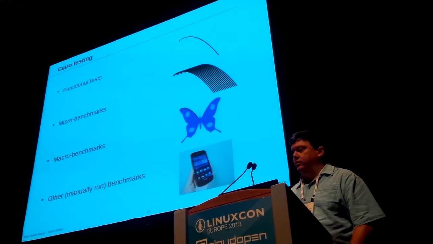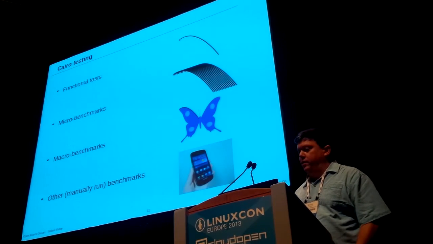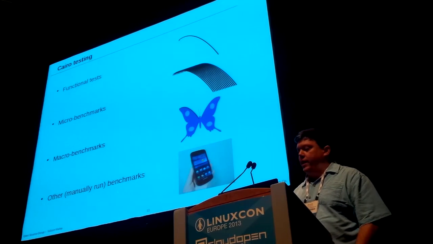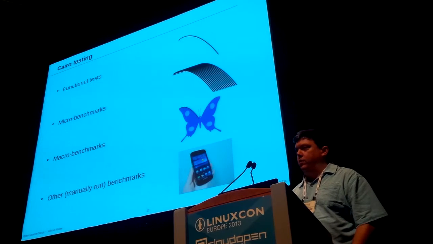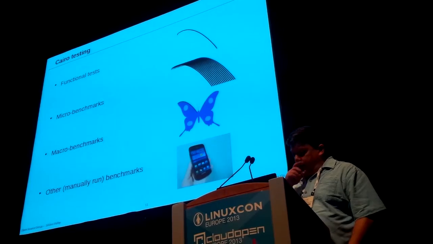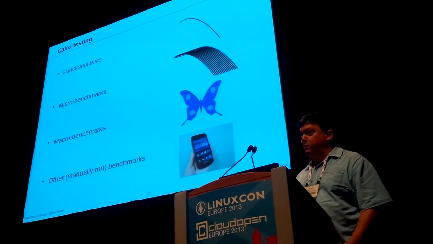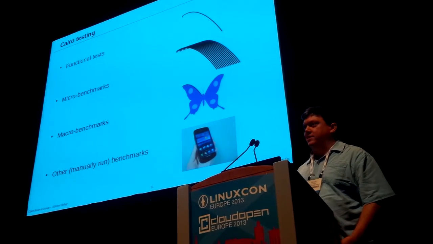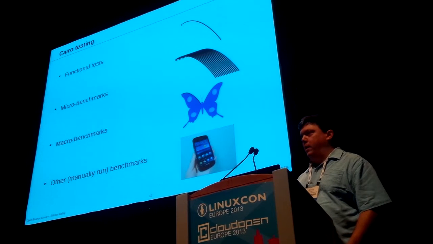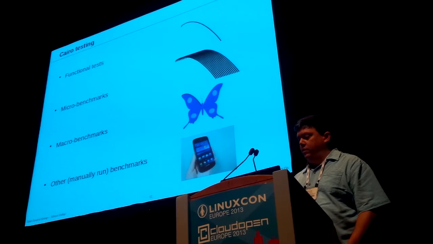Micro benchmarks are where you have a specific functionality and you run it in a loop and see how it performs. And macro benchmarks look at a higher level, what applications are actually doing. And then finally, I want to mention manually run benchmarks, just because it's been my experience with Cairo that a lot of the testing that actually gets done seems to be driven by real world benchmarks that are being run on the hardware.